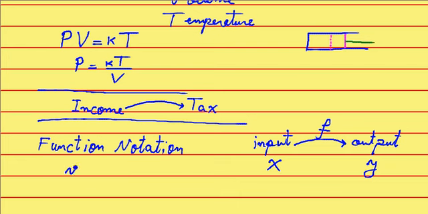Function notation writes output equals name of the function, followed by parentheses with the input inside of the parentheses.